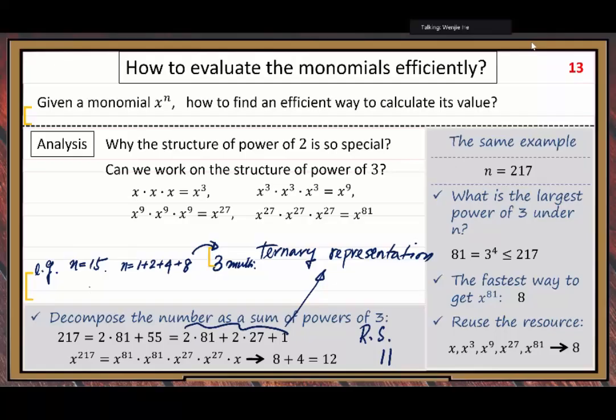Then x to the 15, we multiply x times x squared times x to the fourth times x to the 8th. 3 more, right? So total 6. 3 plus 3.